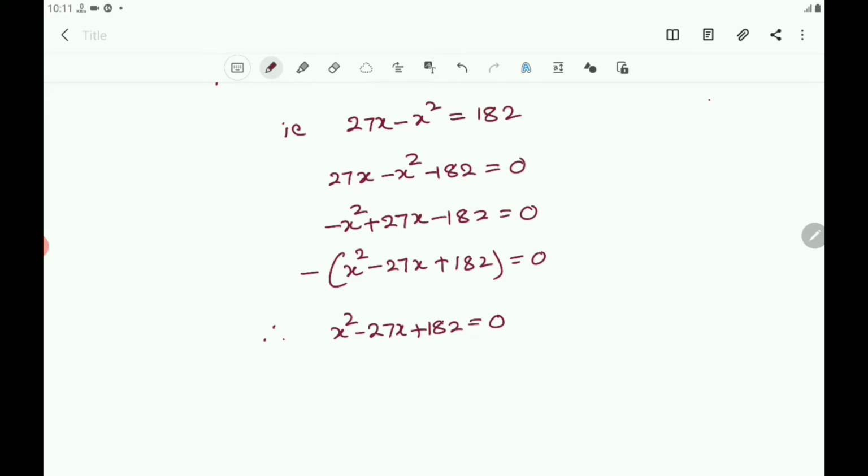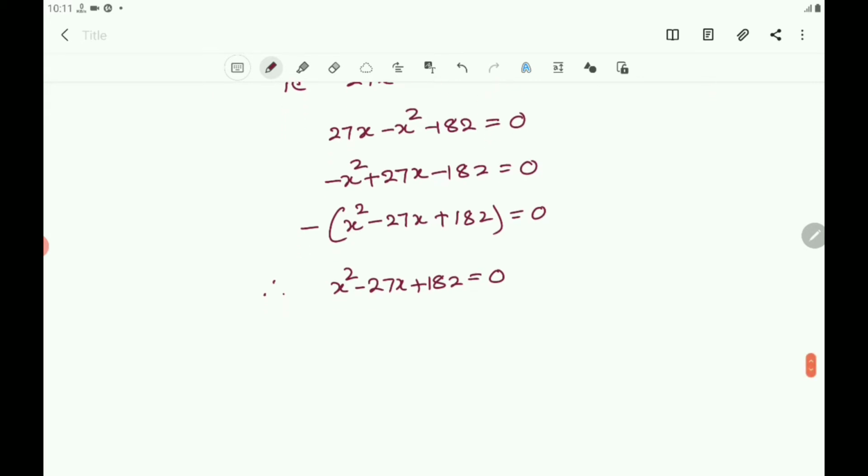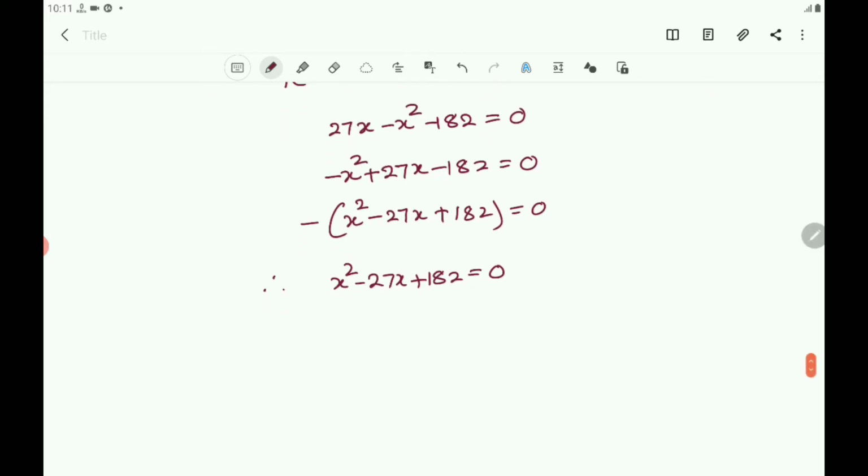Then here by factorization get the roots, get the value of x. Here the product of the terms, that is PQ, P and Q are the two terms, P and Q are the factors. Their product is 182 into x square, that is 182 x square. Then the sum, that is P plus Q, is minus 27x.